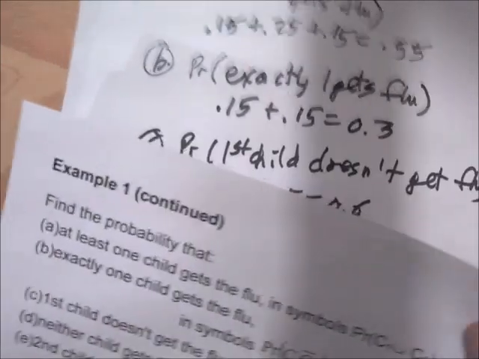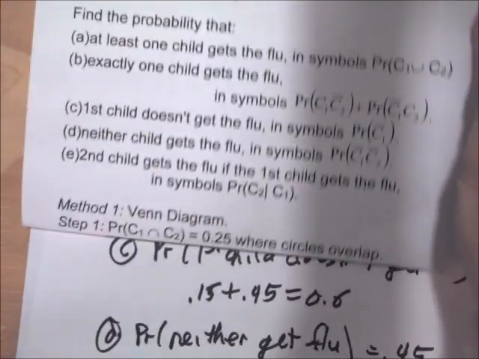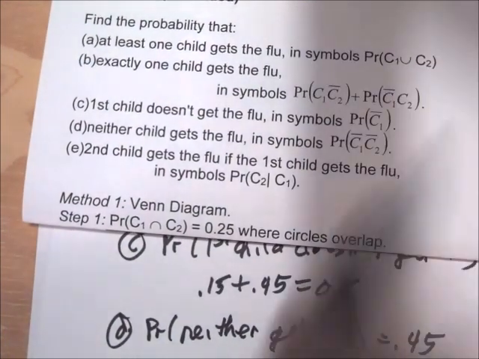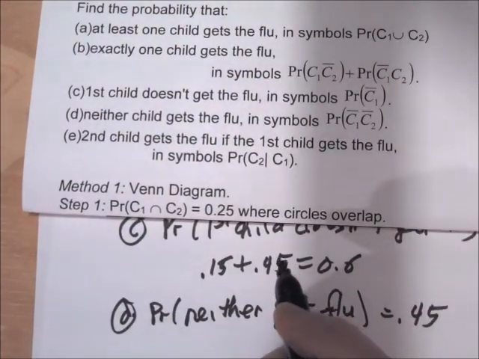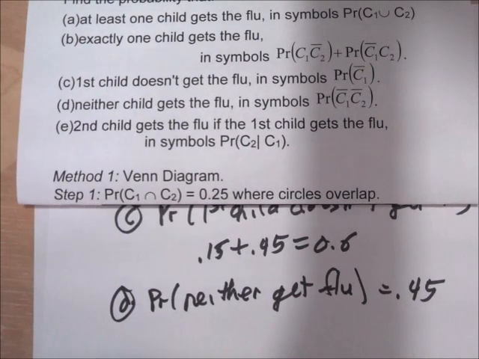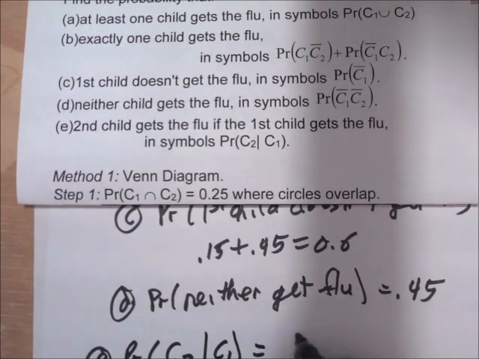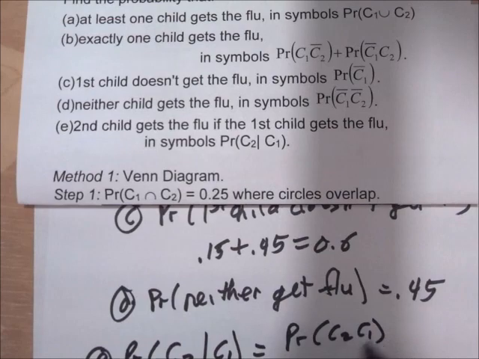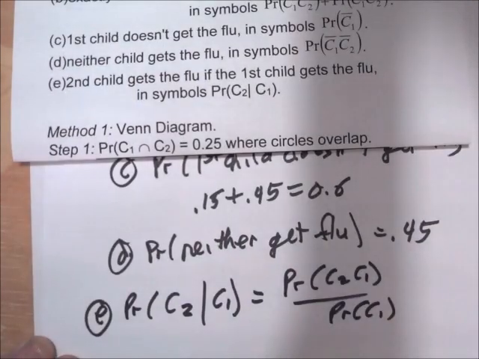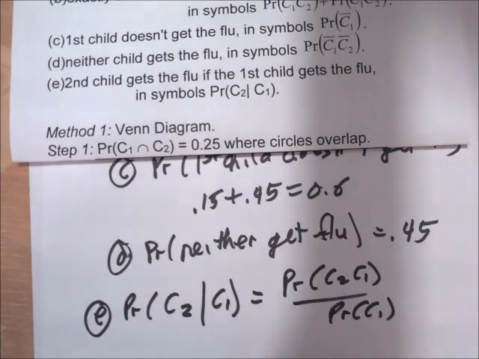And then part E is the conditional probability. We want the probability that the second child gets the flu if C1 gets the flu. So that's the probability that they both get the flu divided by the probability the first child gets the flu. For that, we don't really need the Venn diagram.